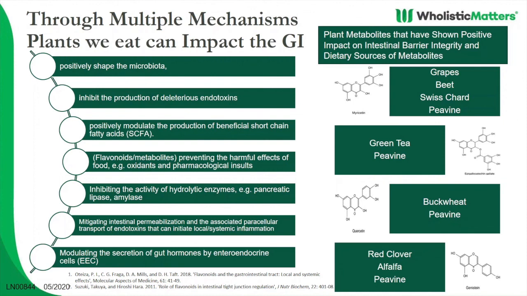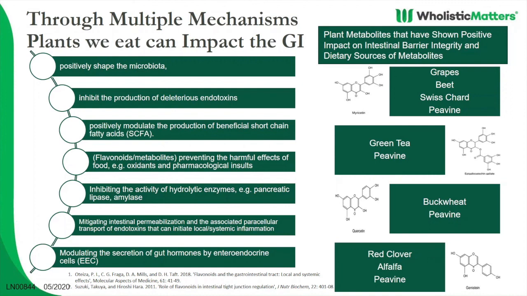Then you can also have mitigating intestinal permeabilization, so effects on the tight junctions and that barrier function overall, as well as the associated transport of various endotoxins that can really initiate the inflammatory response. Then you can also see that these plant materials can modulate the secretion of gut hormones by the enteroendocrine cells. So there's all sorts of different ways and many different plant components that are able to impact the GI.